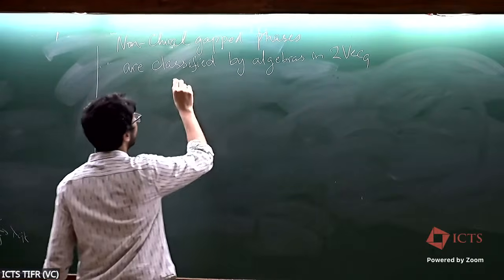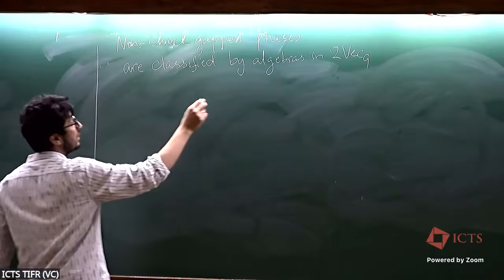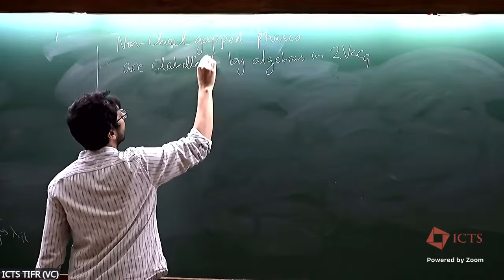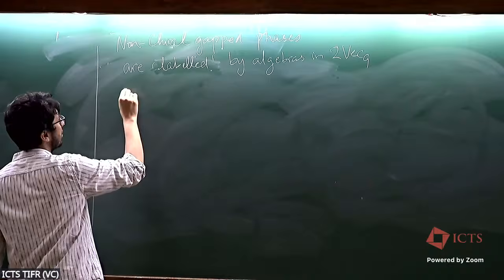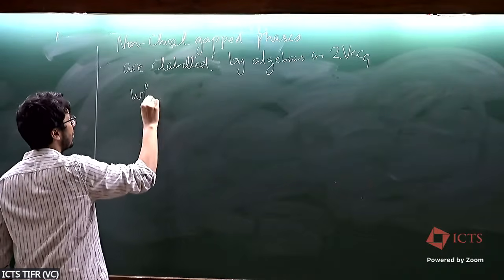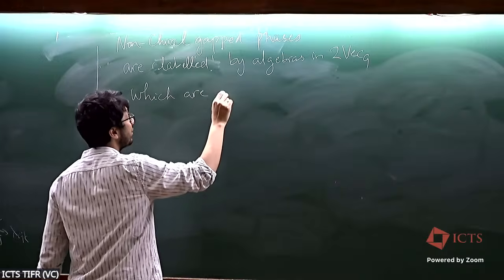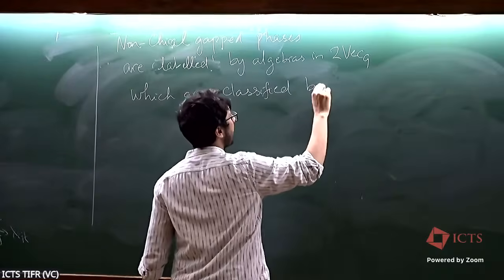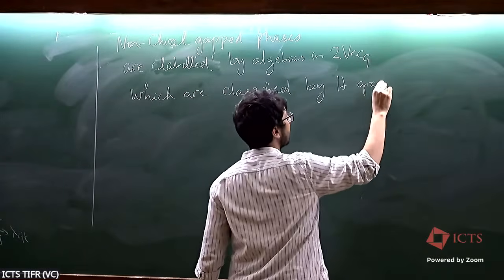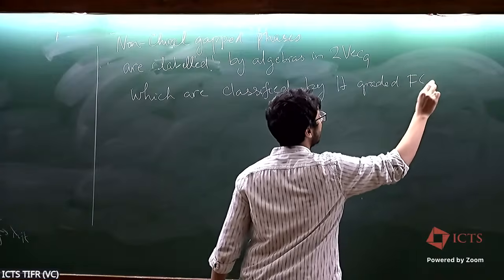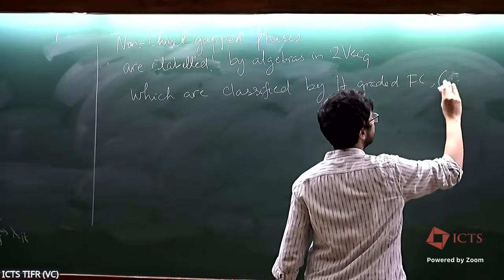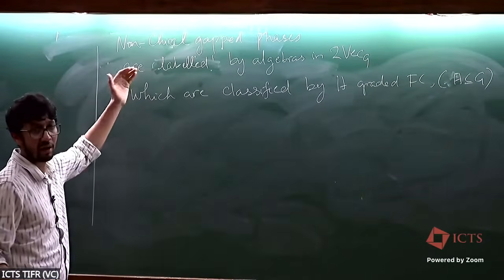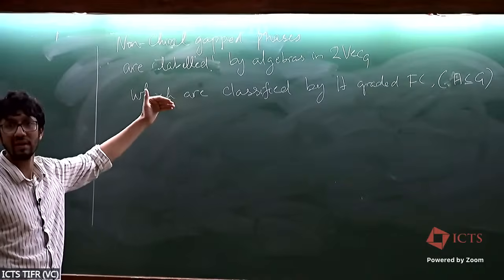And these algebras, I should say, are classified by H-graded fusion categories, where H is some subgroup. So very unsurprisingly, the same data describes the gauging as well as the gapped phases.